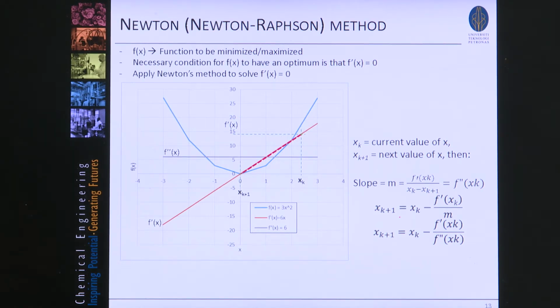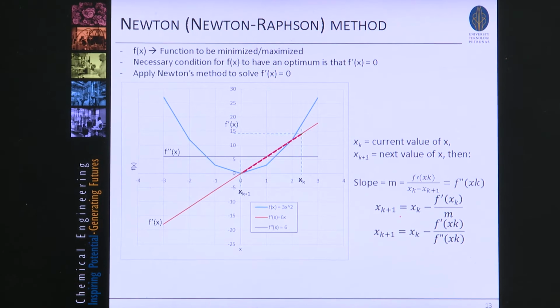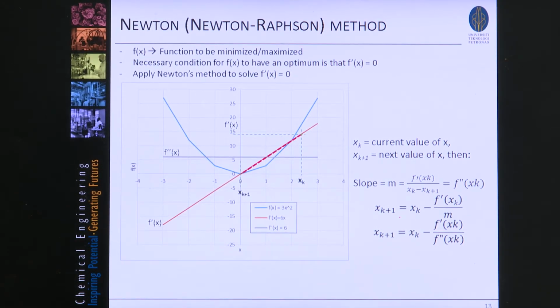The first and most well-known derivative-based method to minimize or optimize is the Newton or Newton-Raphson method. We know this from our previous knowledge on how to find the root of a function.